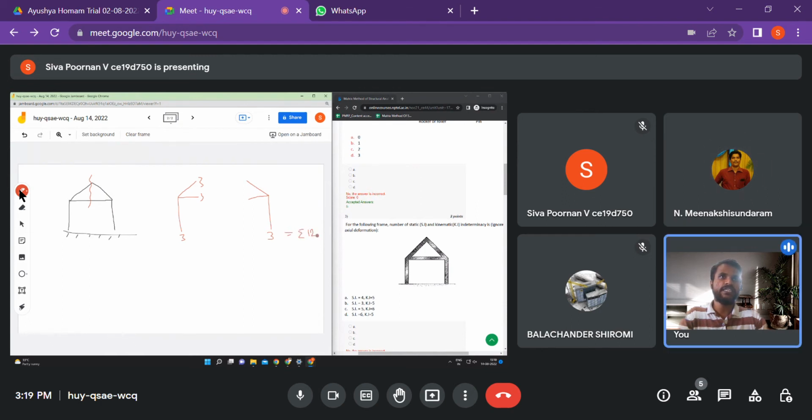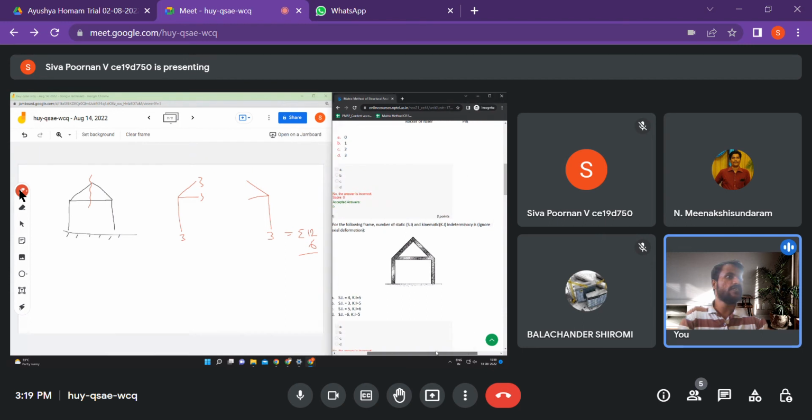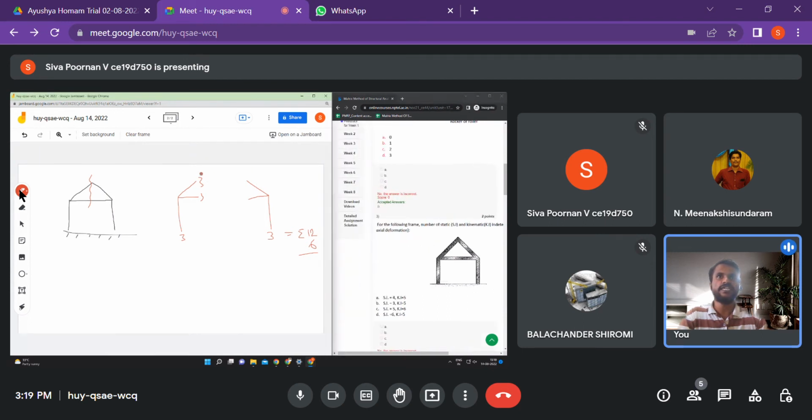And how many equilibrium equations do we have? Only 6, right? 3 for this and 3 for this. So we have 6. But by the way, we can ignore axial deformations here. So we should not take it as 3 here, right? There will be only two unknowns here, two unknowns here.